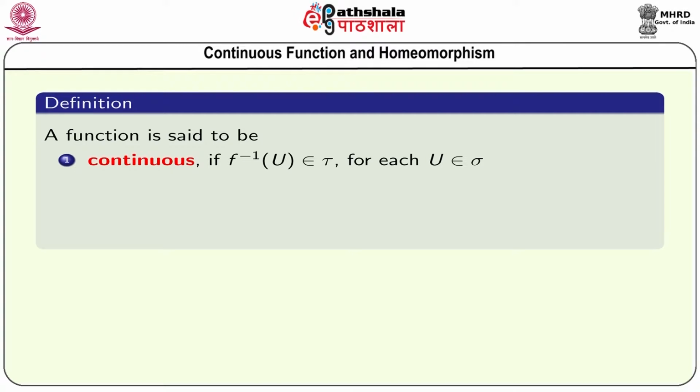That means, if a function pulls back the open sets of the codomain to the open sets of the domain, then the function is called continuous. A function is called an open map if it takes all the open sets of the domain to the open sets of the codomain.